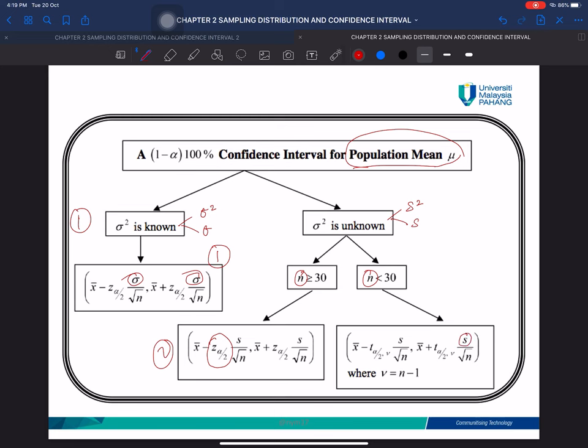We have sample standard deviation in that question. But the distribution that we use is the T distribution. For the T distribution, we have probability value alpha over 2 and nu. Nu is the degree of freedom. So n minus 1 is the degree of freedom.